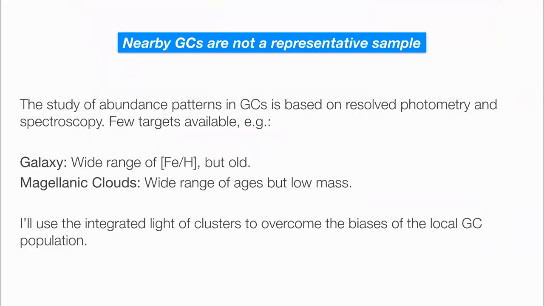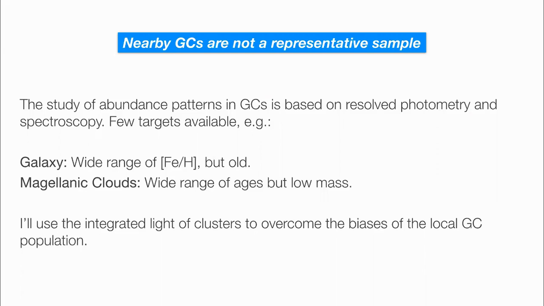So far, we have done all these studies in globular clusters in which we can resolve individual stars. These are the very nearby ones, basically in our galaxy and in the Magellanic Clouds. But the problem is that nearby globular clusters are not a representative sample. What's more, we cannot test the scaling relations that we see in the Milky Way with the Magellanic Cloud clusters.